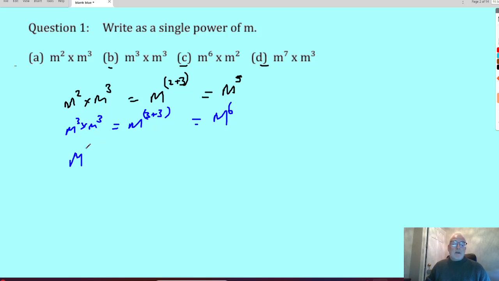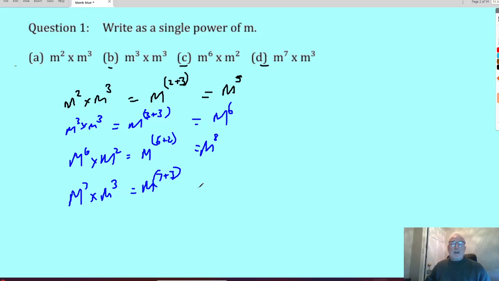C, m to the power of 6 times m to the power of 2 is going to give me m to the power of 6 plus 2, which is going to give me m to the power of 8. And the final one, m to the power of 7 times m to the power of 3 is going to give me 7 plus 3 on the indices, and that's going to give me m to the power of 10.